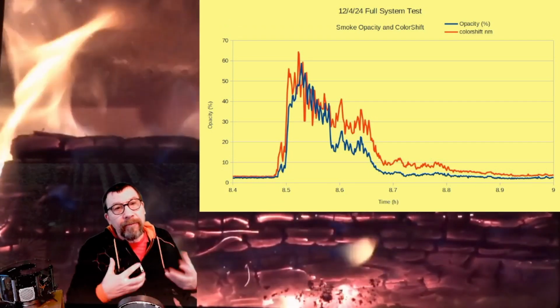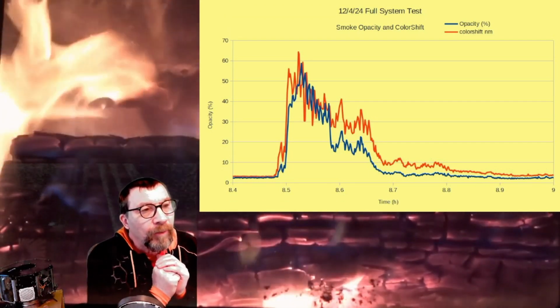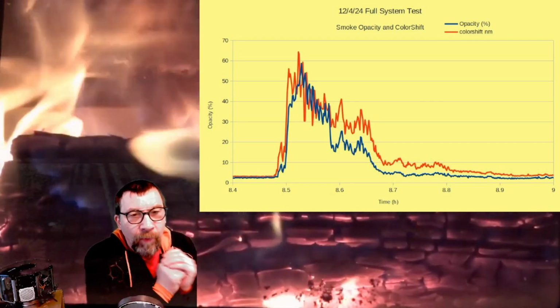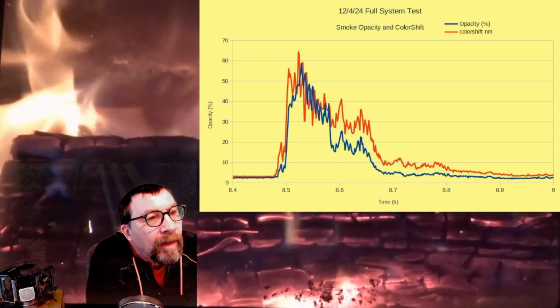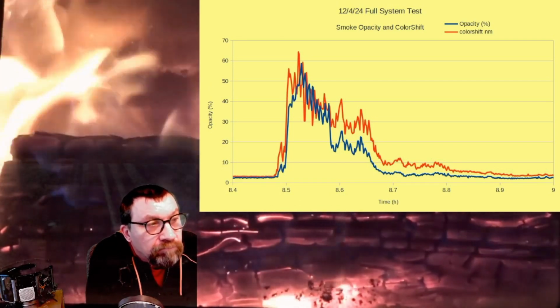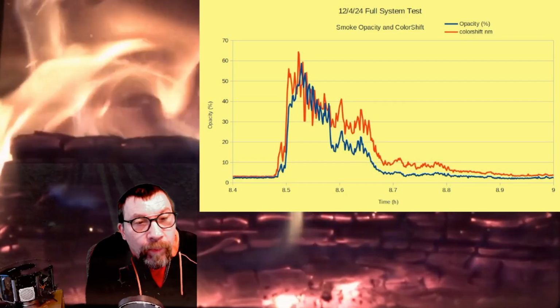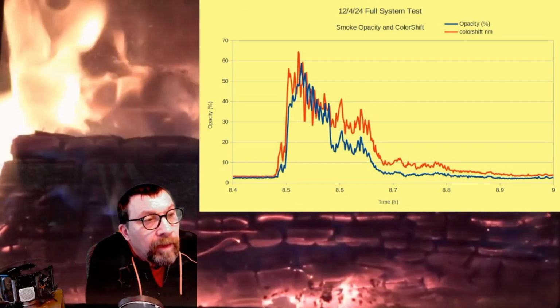And we get a reading every 5 seconds. So we can say with certainty that for about that amount of time, we had no readings under 20% or 20 nanometers.